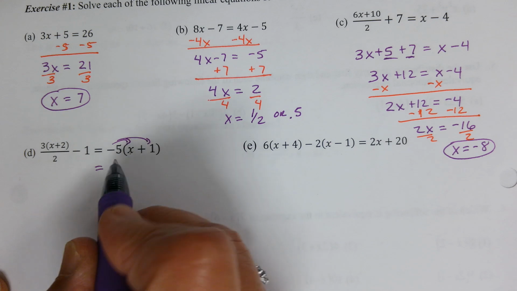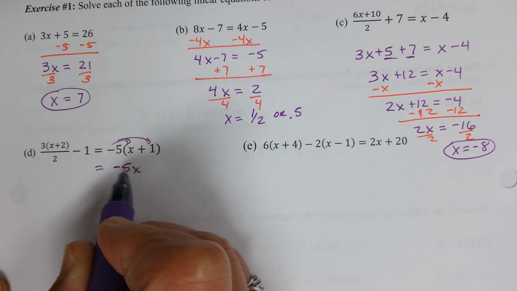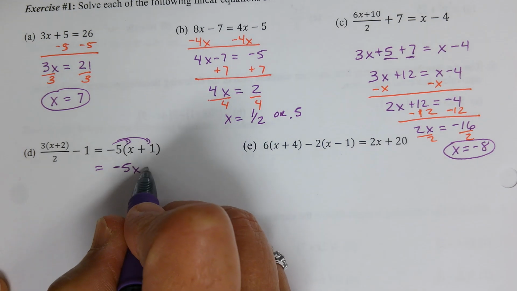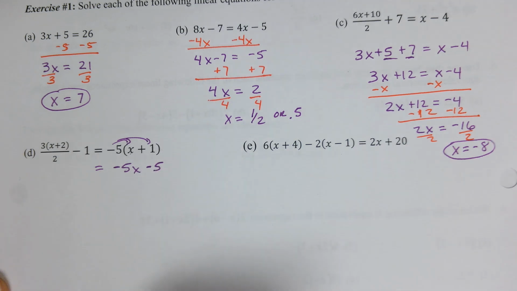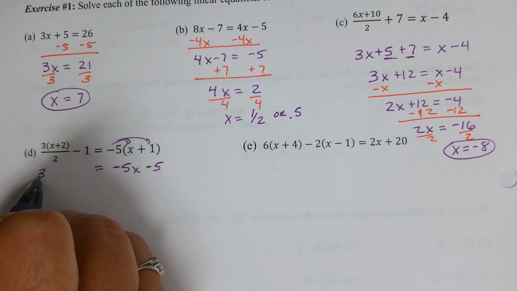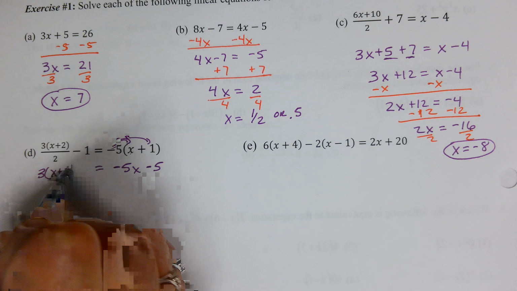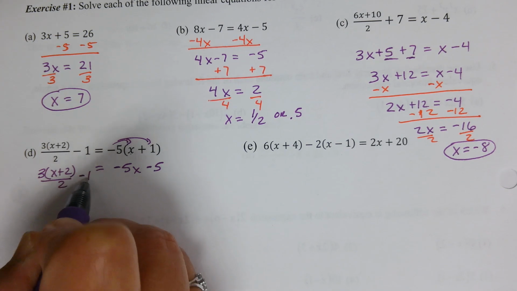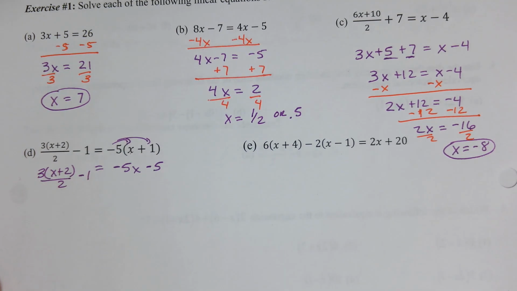So -5 times x is -5x. -5 times 1 is -5. Bring down the left-hand side.